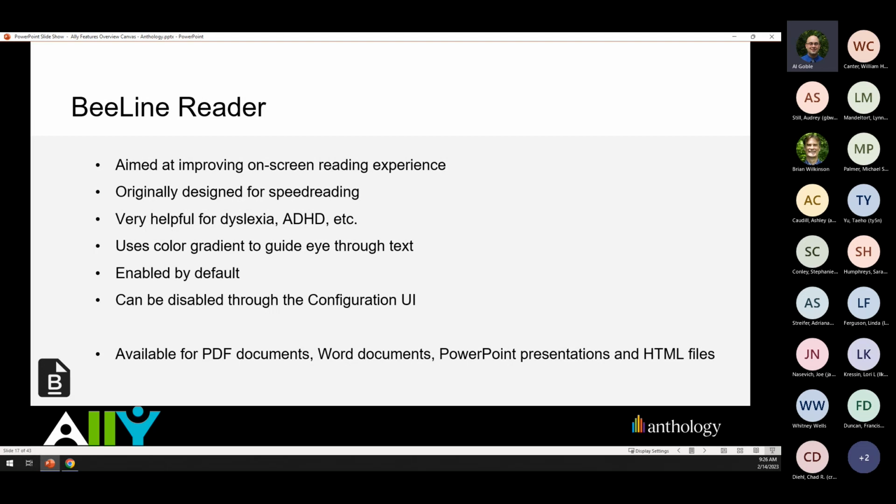So this is one that you have to opt out of. And if you do want to turn it off, you go into the configuration UI, which is available to Canvas administrators, and you can go in there through the settings and turn it off. And this alternative format is available for PDF documents, Word documents, PowerPoints, and HTML files.